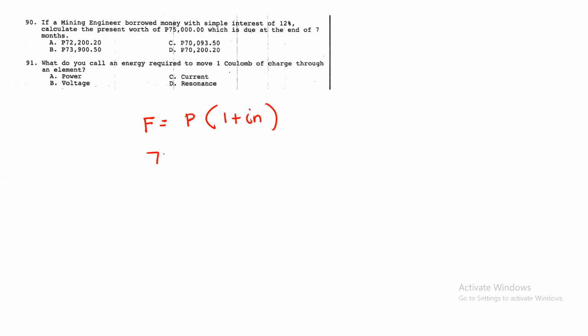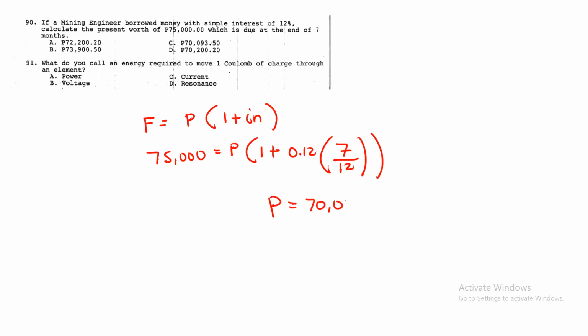So ang future worth natin, 75,000 is equals to present worth times 1 plus, yung i natin is 0.12 times 7 months per 12 months. So makuha natin present worth dito is 70,093.50. So the answer is letter C.